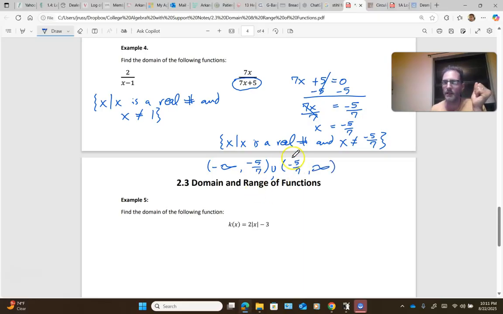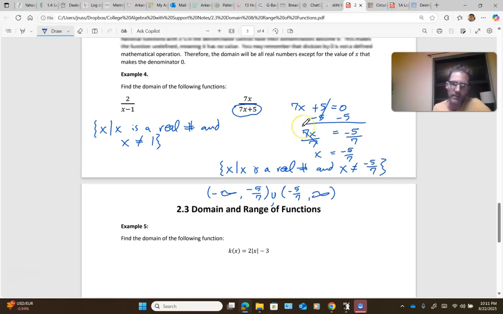And the way you would write it is the second part of that set would go from -5/7 all the way to +infinity. And again, the fact that I'm using parentheses around the -5/7 intimates that I'm excluding that one value. Otherwise, the domain would just be negative to +infinity. But again, like I said, in this section, the book doesn't use interval notation, I don't believe.